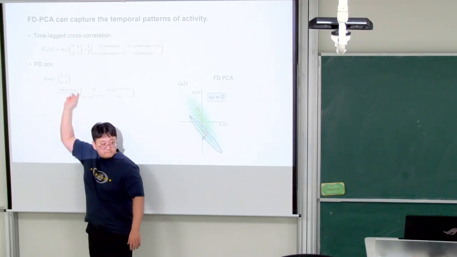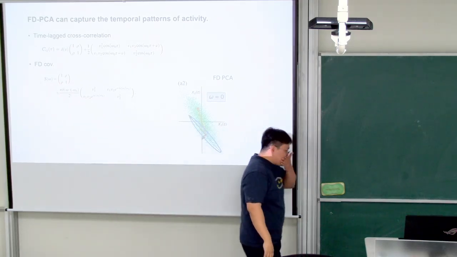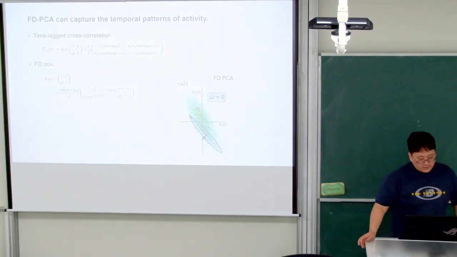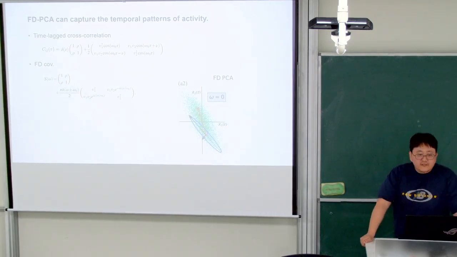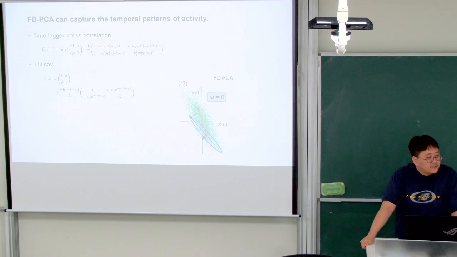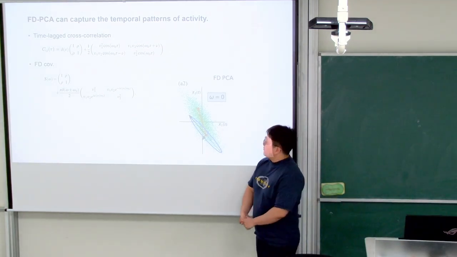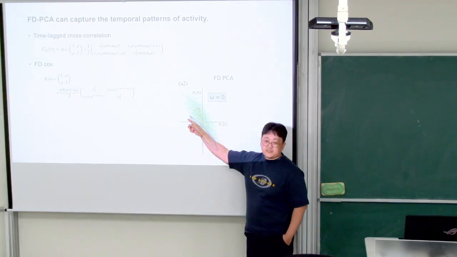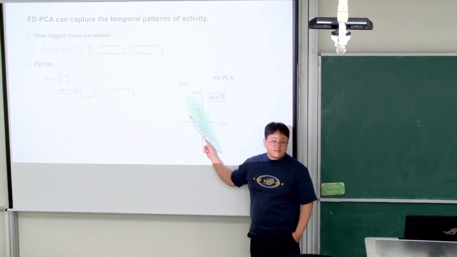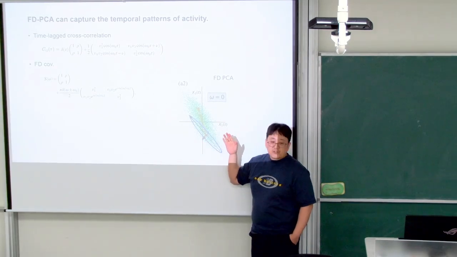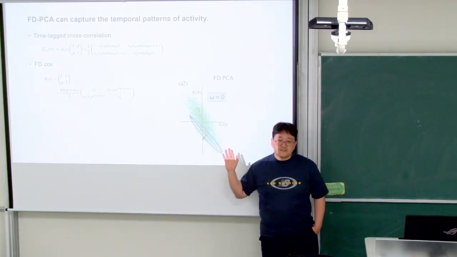So we have this covariance matrix, and we know that this covariance matrix is related to the noise. If you apply the PCA, then you will get these PC vectors exactly corresponding to the noise direction.